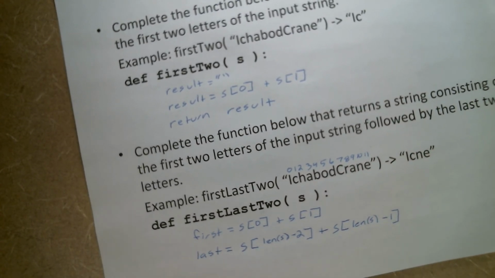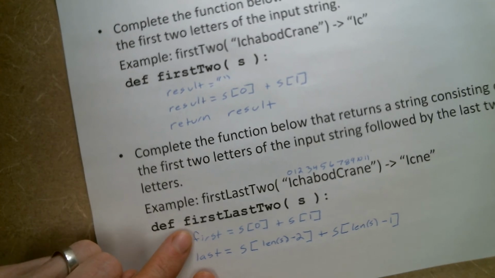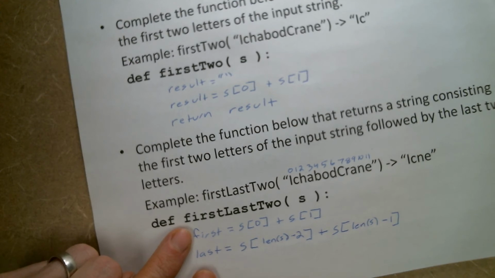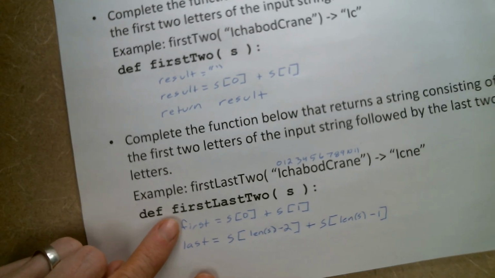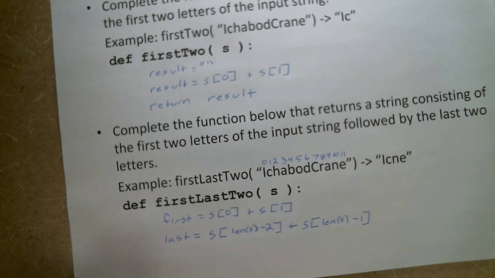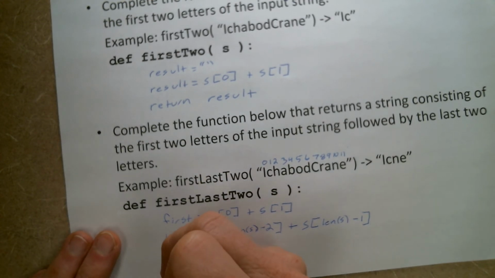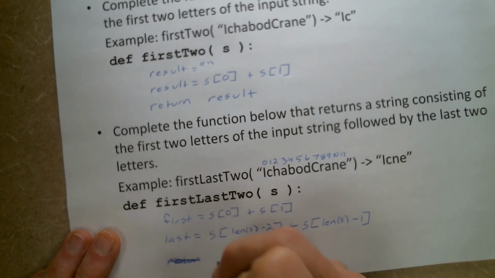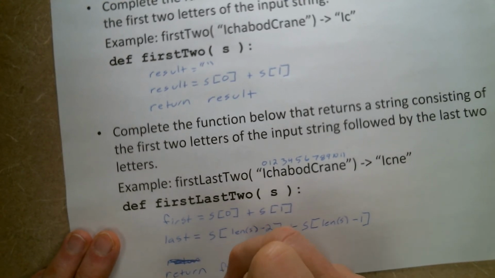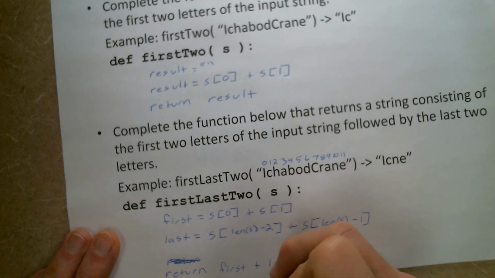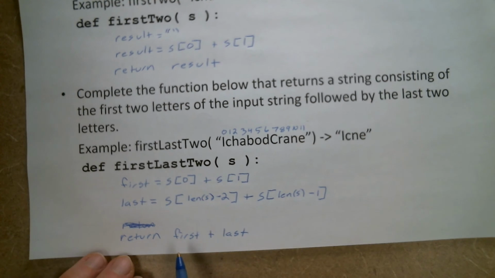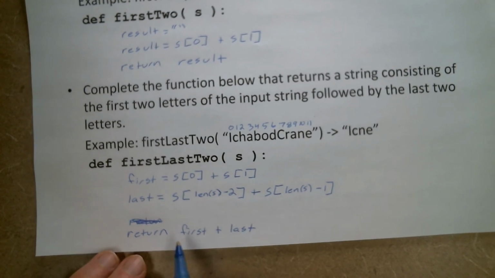Now, I could make a new variable to combine first and last. I could say first equals first plus last. Or I can jump start that, and I can just say return first plus last. So I can return a whole concatenation or addition here.